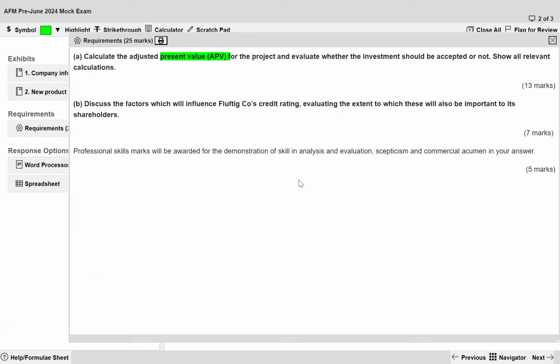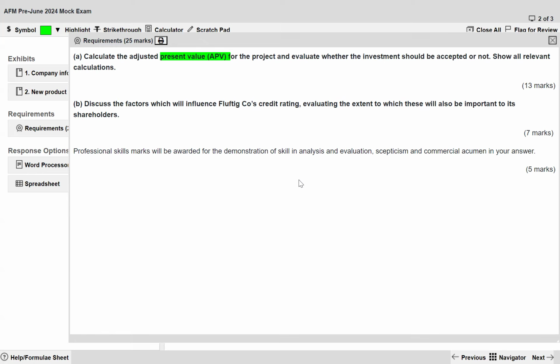Then another thing that affects the credit rating is how financed you are. Are you financed using debt or equity? So basically the gearing. If the gearing is high, then you may have issues with liquidity because you are paying interest and all that, and therefore the credit rating might go down.